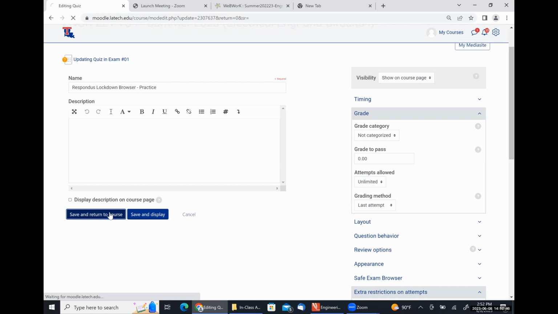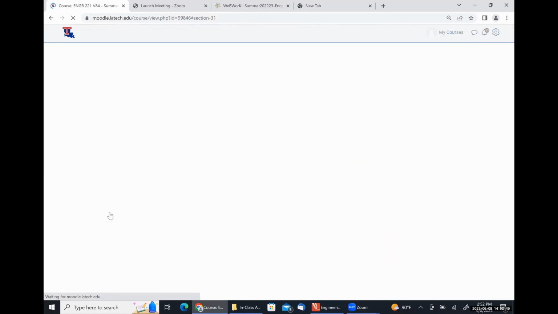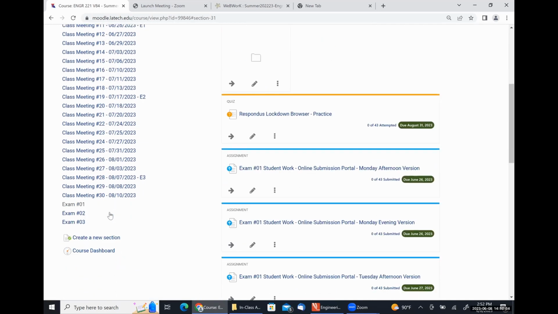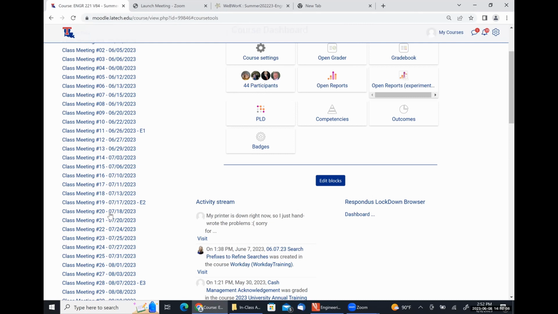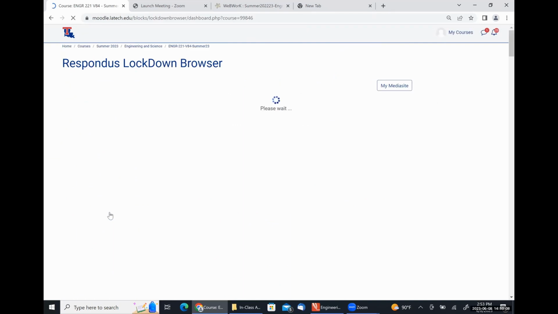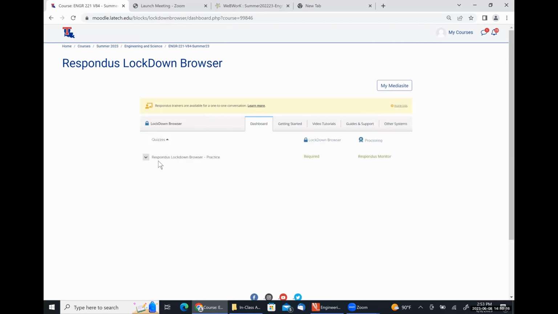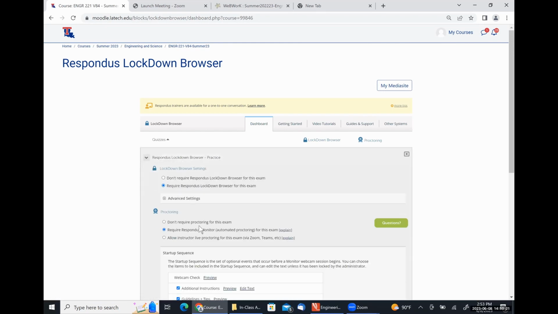All right, and then just while I'm at it, go to the lockdown browser dashboard. All right, yes, so it says it is required.